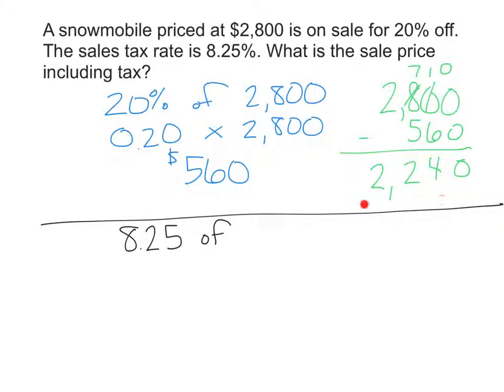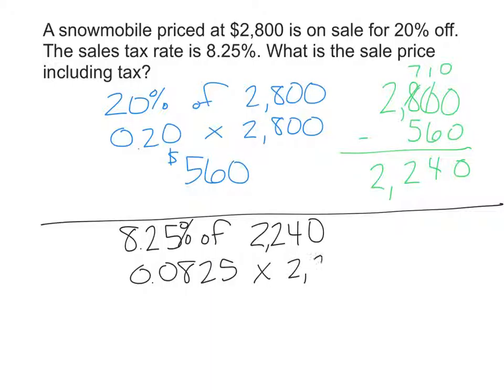So not $2,800, but $2,240. So I need to change my percent to a decimal. So it becomes 0.0825 times 2,240. And you end up with $184.80.